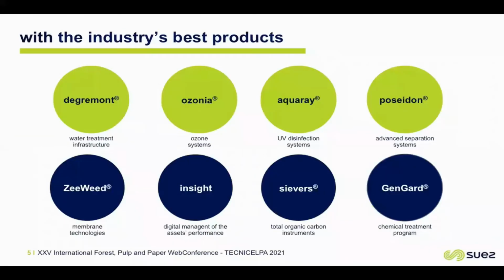Within Suez WTS, we have a very wide portfolio with renowned brands like Degremont, like Ozonia, for example, applicable to the bleaching step in the pulp and paper industry, as well as effluent treatment in some situations, the Seaweed membranes, among others.